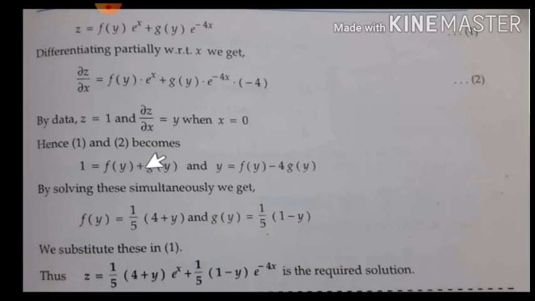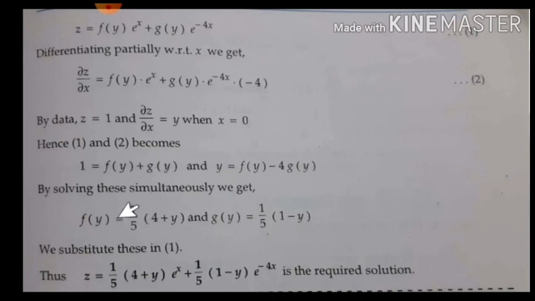So on the left hand side 1 plus 4y, and on the right hand side 5f(y). So f(y) is (4y + 1)/5. G(y) will become what? When I subtract it, f(y) gets cancelled. 1 minus y equals 5g(y). So g(y) is (1 − y)/5.